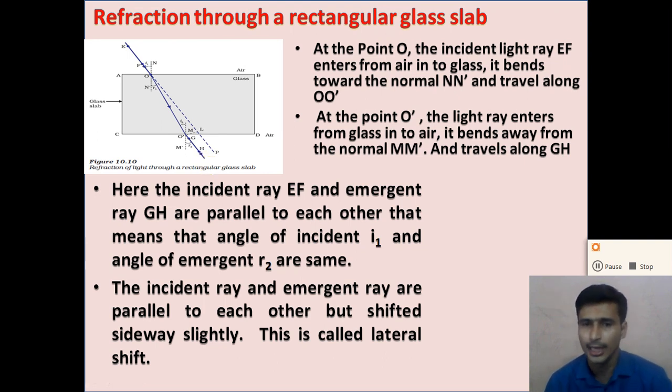That means angle of incident I1 and the angle of emergent R2 are same. But the emergent ray is shifted sideways slightly. It will shift by some amount, and this shift is called the lateral shift, right? Understand what do you mean by the lateral shift?